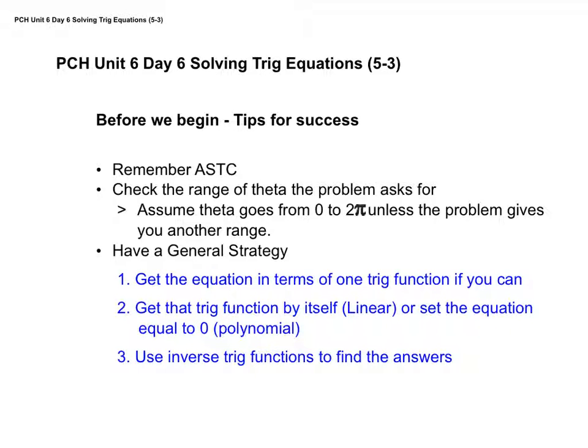If it's a quadratic or another polynomial, you're going to get it equal to 0 and look to factor, or possibly even use the quadratic formula. So that's a general strategy, but that at least will give you an idea when you're looking at a problem of where to begin.